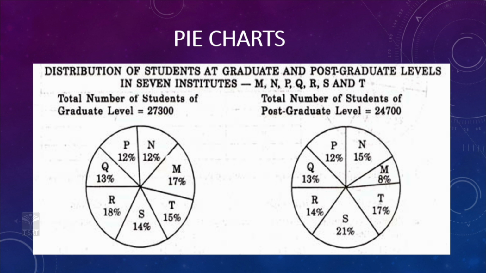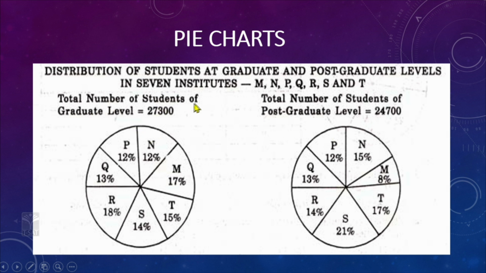So the pie chart is a distribution of students at graduate and postgraduate level in 7 institutions: M, N, P, Q, R, S and T. There are 7 institutions here. In these 7 institutions, how the students at graduate level and postgraduate level are distributed is represented in a circle by showing sectors.